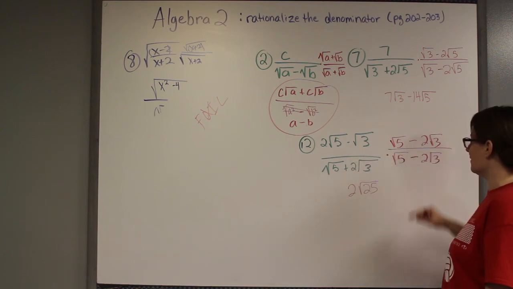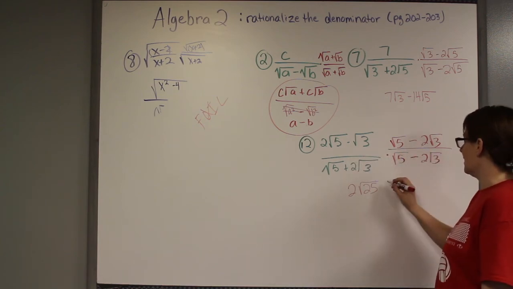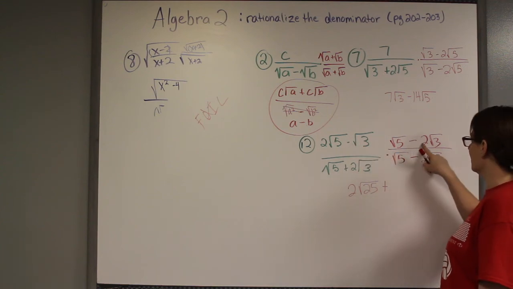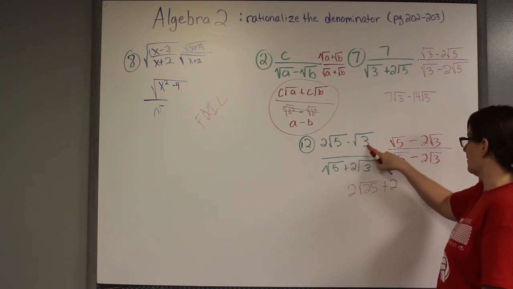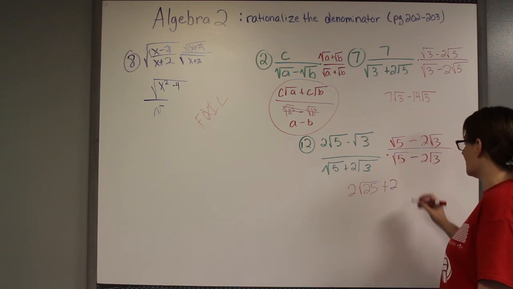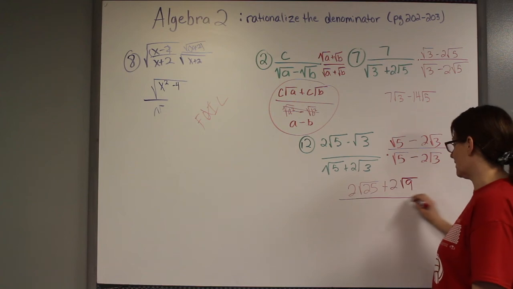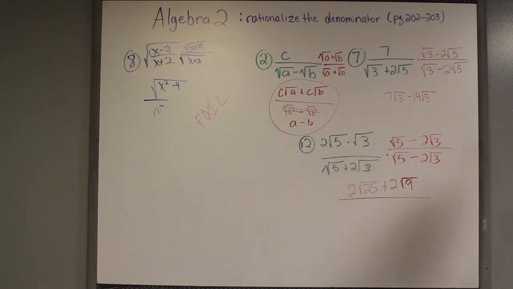Negative times a negative is going to make a positive. And 1 times 2 is going to be a 2. And radical 3 times radical 3 is going to be radical 9. I will simplify that because it's all going to be numbers. I'm not even on the right page when I'm looking on the book.